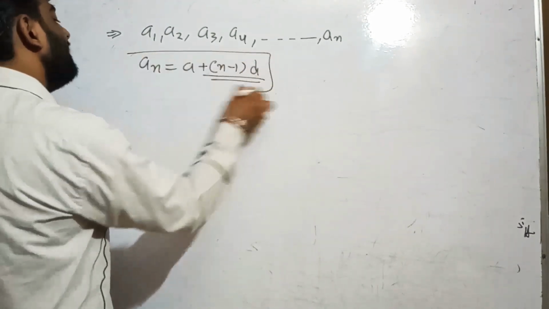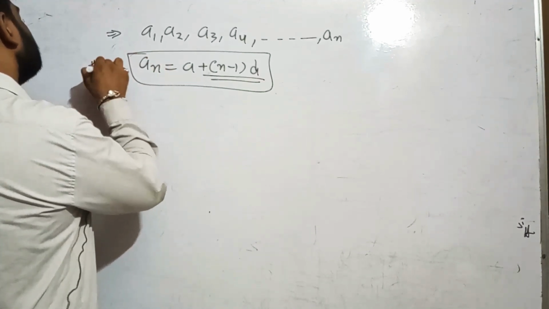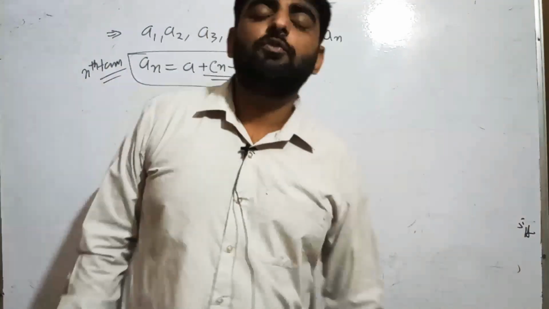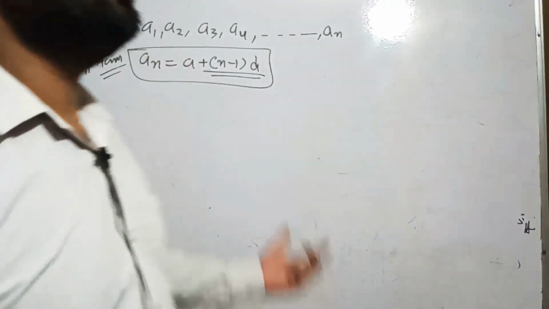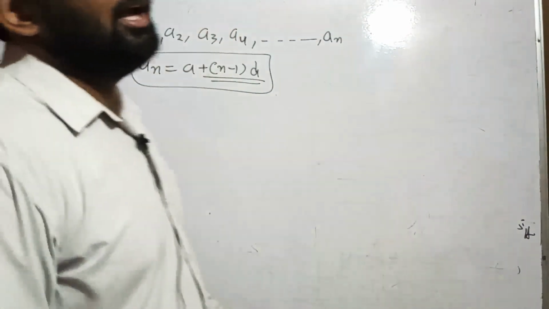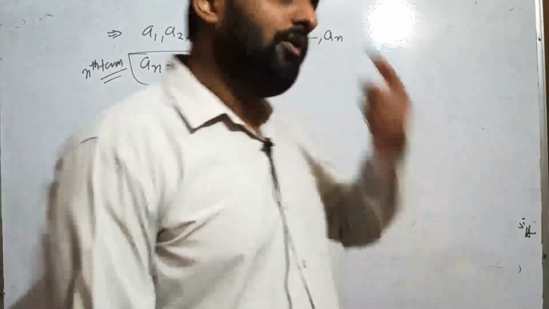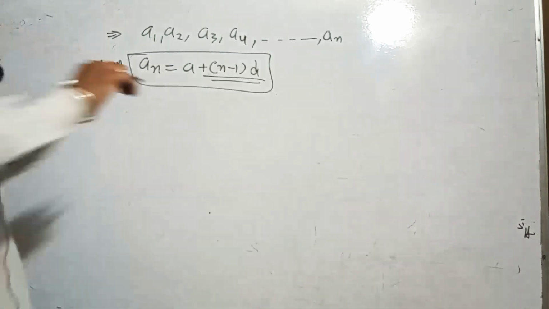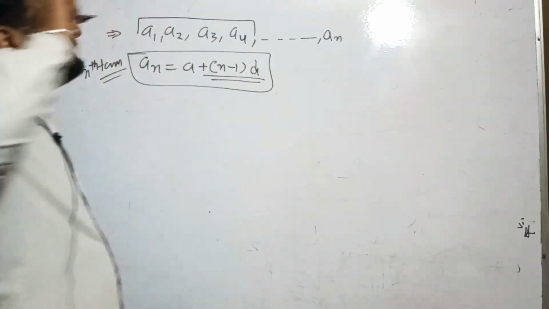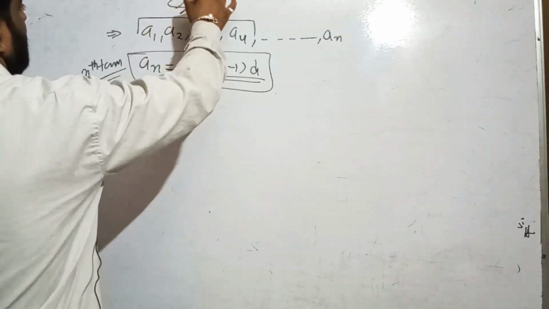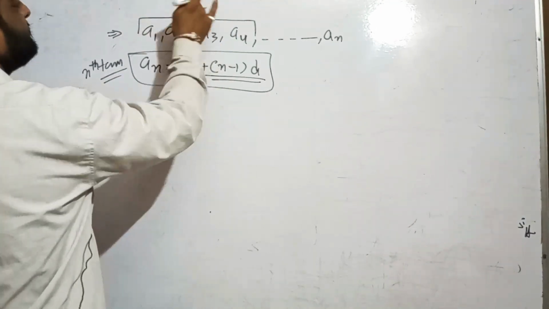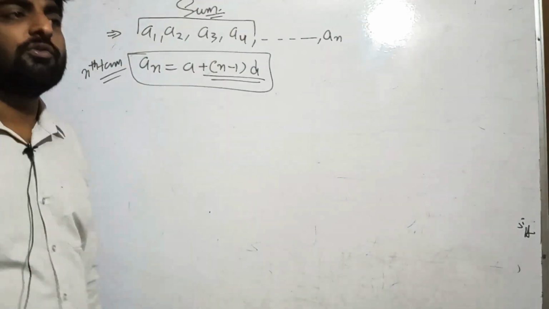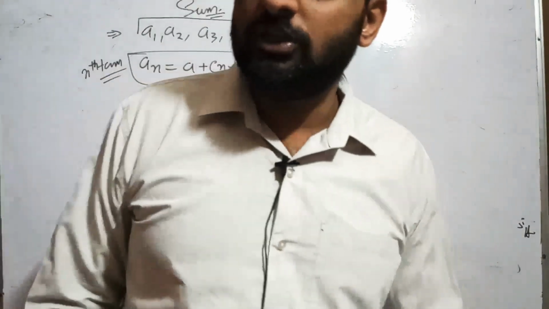But this is the nth term, students. If we want to find the 7th term, 11th term, 20th term, as you wish, you can find the value of any term with this formula. So now the sum of the AP, it means if you want to find the sum of these terms, how do you find the value of the sum of these terms?